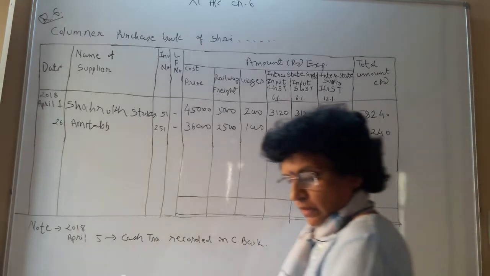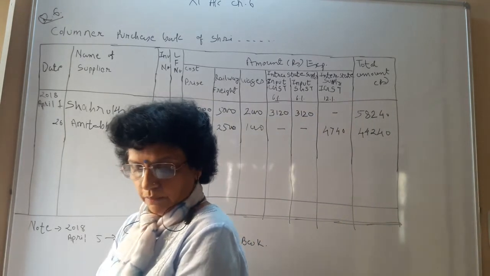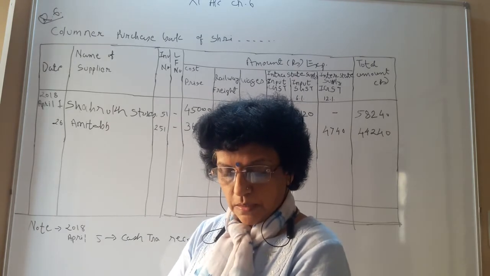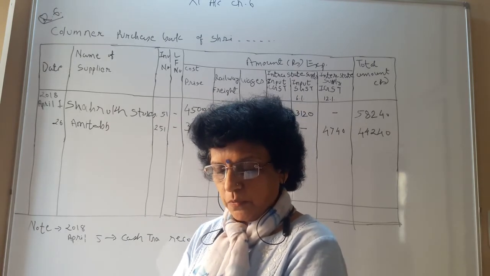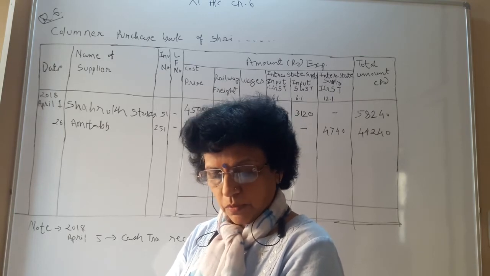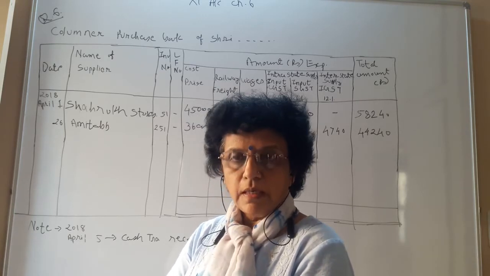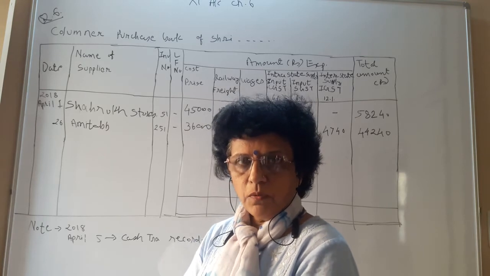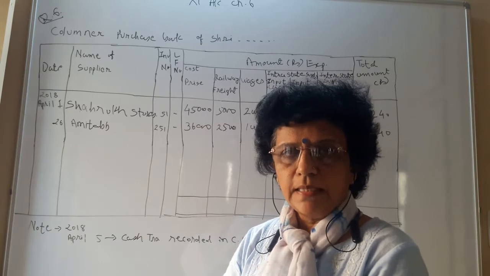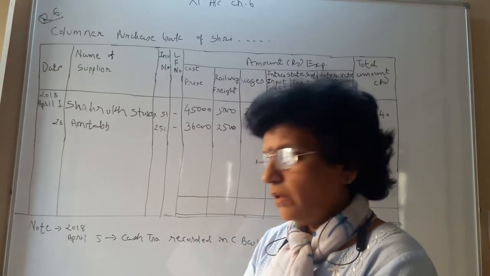4740. Then let us see the 25th: a machine, underline the word machine, of rupees 35,000 is purchased from Pooja on credit of 1 month, and transport labor charges of 2,000 paid in cash. When you purchase a machine, it is a credit purchase of an asset, to be recorded in the journal proper.